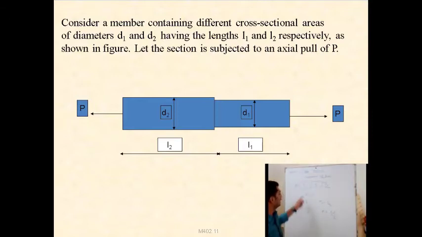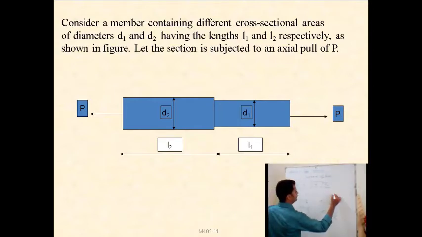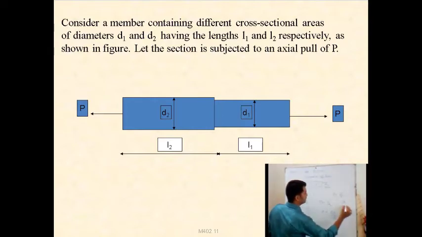So for calculating the entire change in length, we need to use Hooke's law: stress by strain. Stress is load by area, strain is change in length by original length.